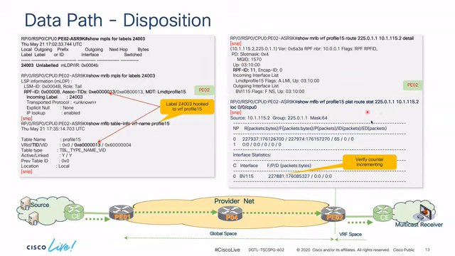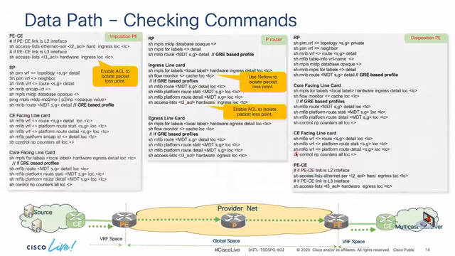So it's telling us that this SCOMP traffic in the VRF space has been forwarded out of the BVI 115. So it's sending out here, so this is egress CE. Okay, so this is the common theme, the P2MP data path checking commands.